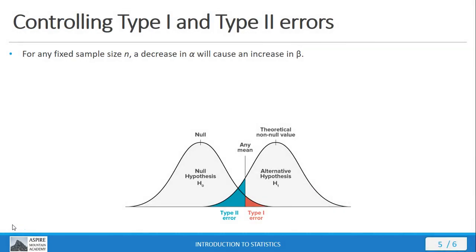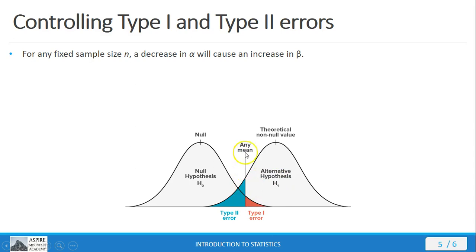How do we control type 1 and type 2 errors? Well, for any fixed sample size that we represent with n, if we decrease alpha, we're going to cause an increase in beta. You can look at it as if you've got two distributions here for each of your hypotheses. You've got one for the null, and then there's a theoretical non-null value, which is what our alternative hypothesis distribution is representing.